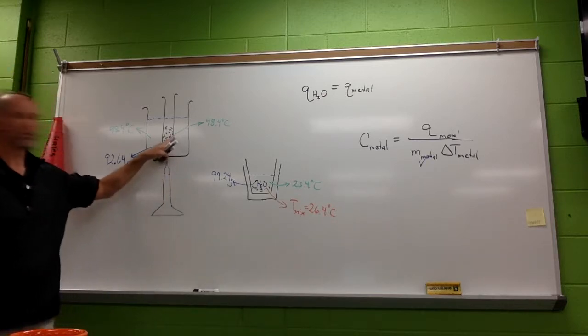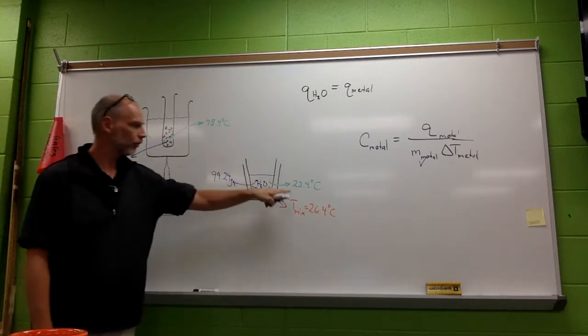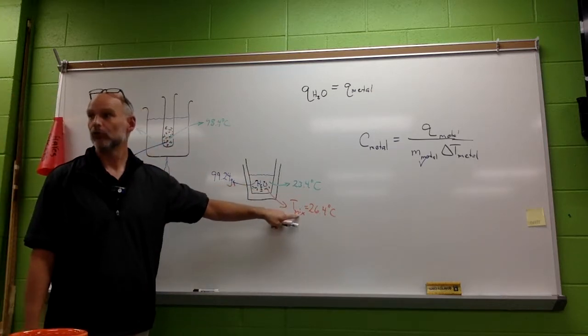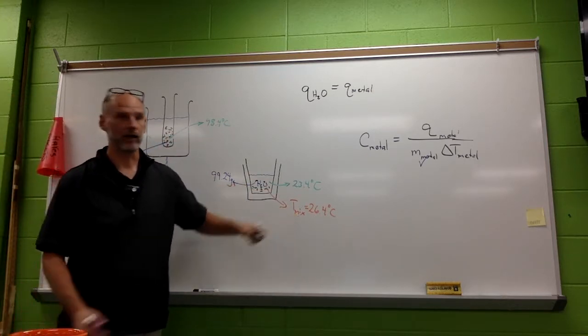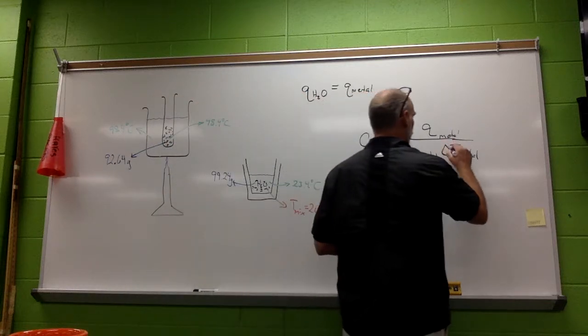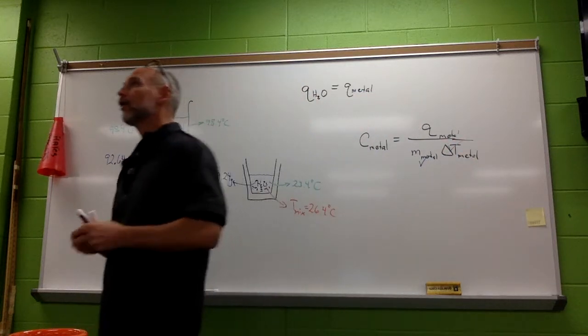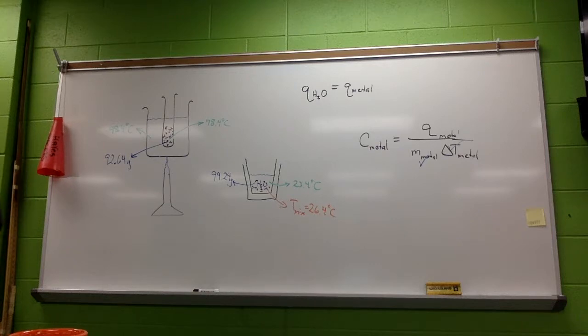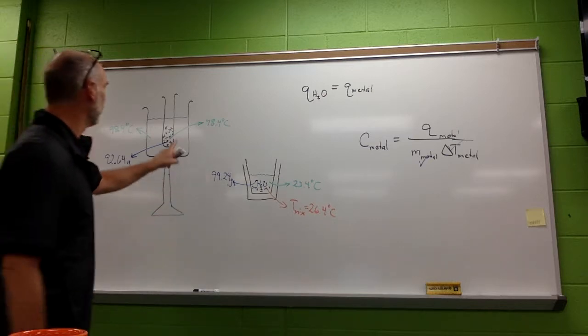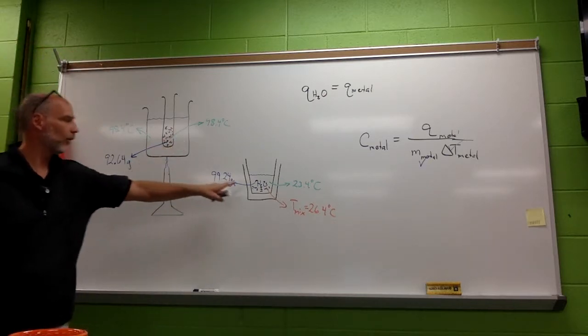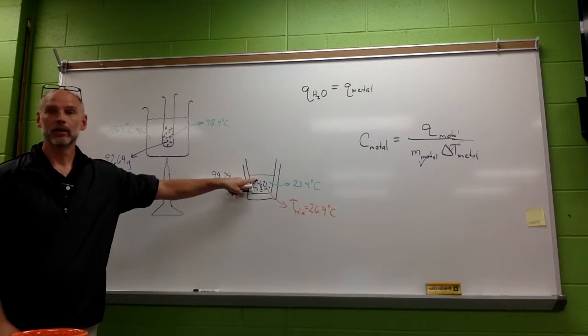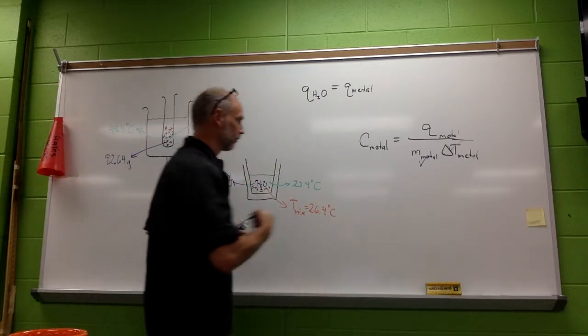Do we know its initial temperature? Do we know its final temperature? So do we have enough information to find the temperature change of the metal? Yes, we do. Do we know how much energy the metal lost to the water? No. But we can find the amount of energy that the water gained.